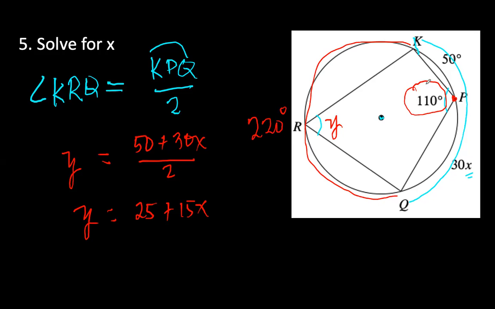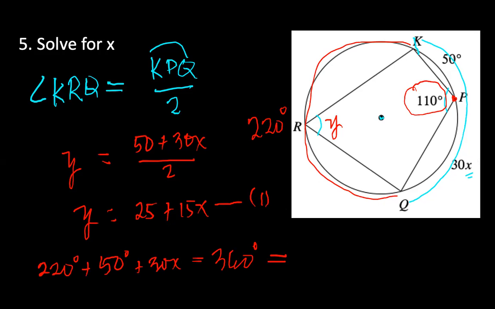And we know the complete circle is equivalent to 360 degrees, so we have 220 degrees plus 50 degrees plus 30x is equal to 360 degrees. This is our equation number 1, but I think we cannot use the other equation anymore.